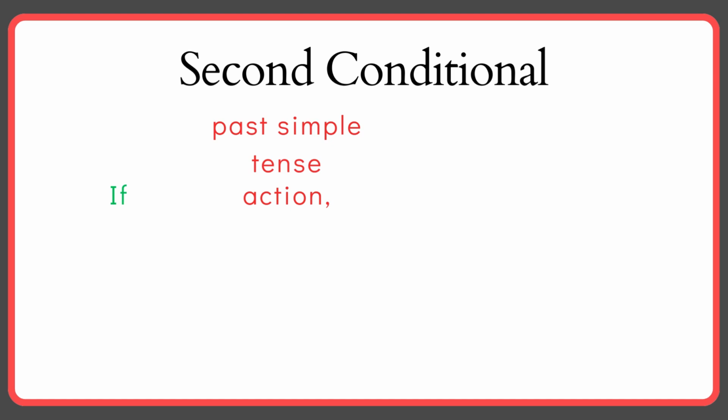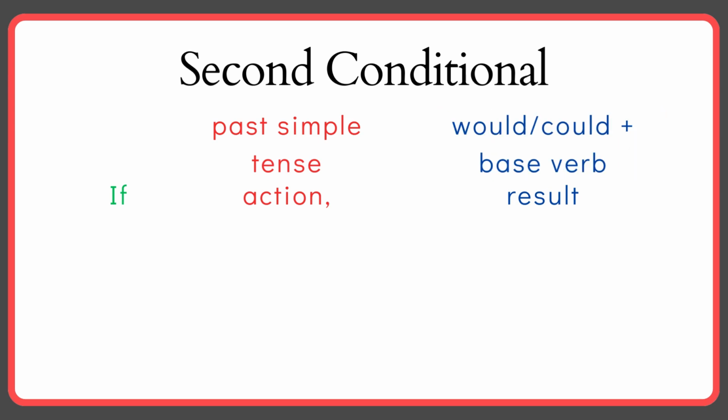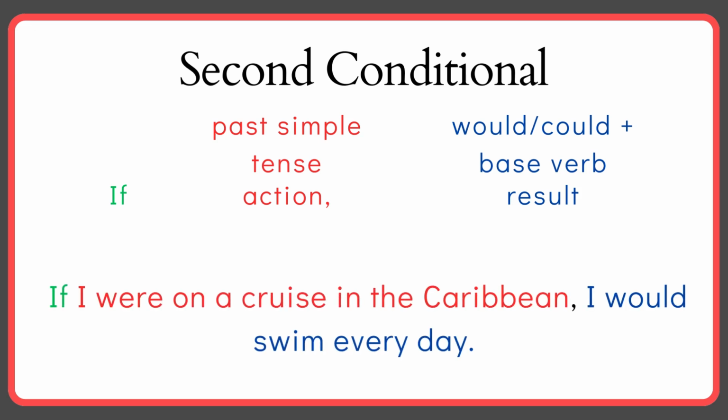This is our action or if clause. Then a comma, and then our result clause. For our result clause, we use would or could with a base form of a verb. So this could look like, if I were on a cruise in the Caribbean, I would swim every day.